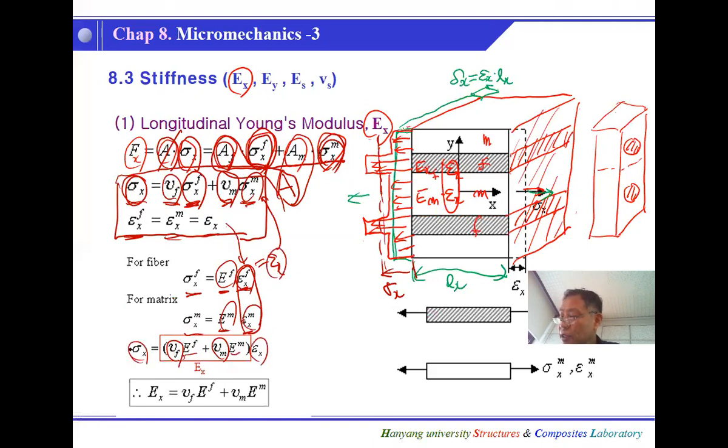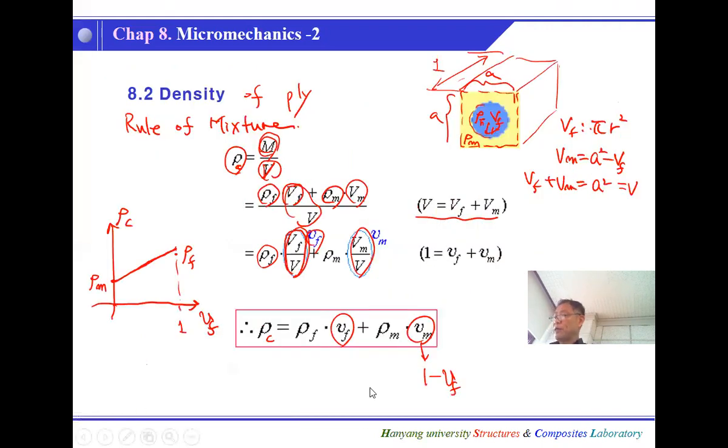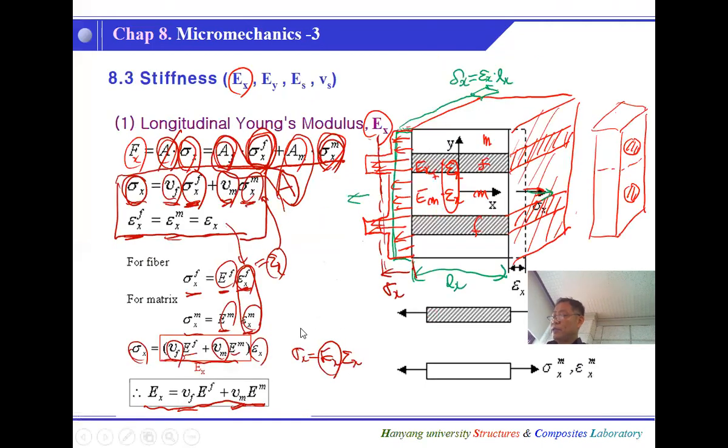By definition, sigma X equals EX epsilon X. So EX simply follows the rule of mixtures: fiber volume fraction and fiber stiffness and so on, which is exactly the same as the previous one. This is not quite an advanced procedure or method, but it's important to understand the fiber and resin behavior.